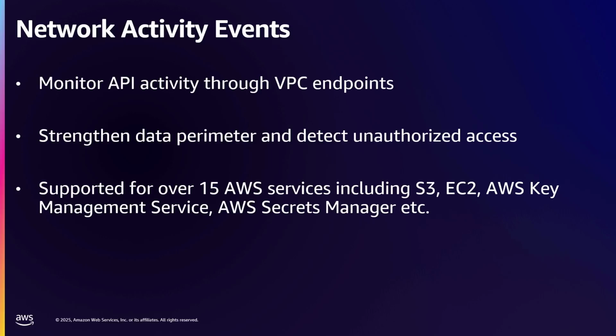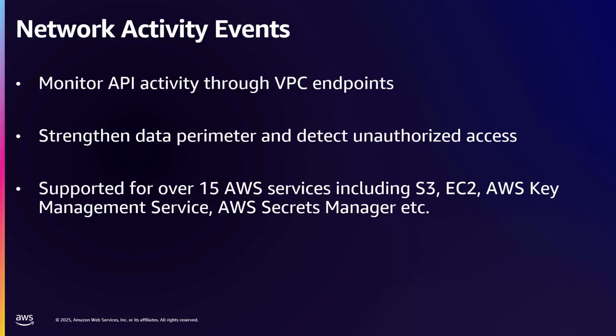And so to provide customers additional visibility into what's happening through these VPC endpoints, we launched a new category of events called network activity events that provide the VPC endpoint owner all the detailed events that are traversing through that VPC endpoint. For example, if certain actions are denied because of the VPC endpoint policy, that's captured, and any actions that are allowed through the VPC endpoint are also captured.